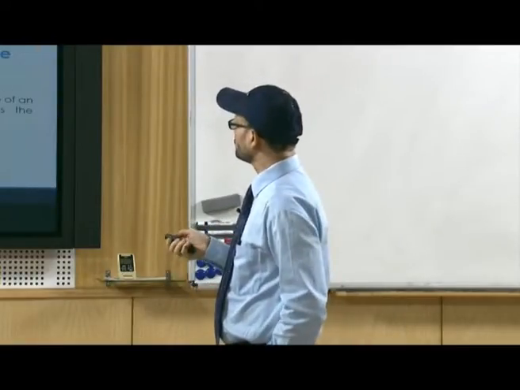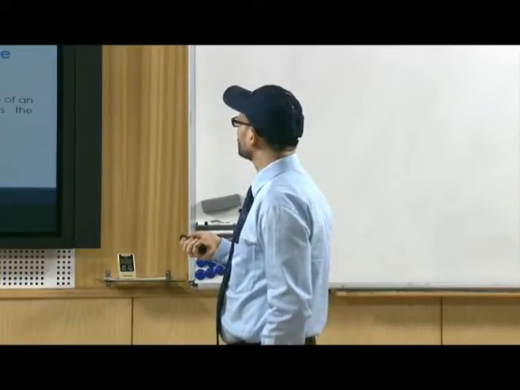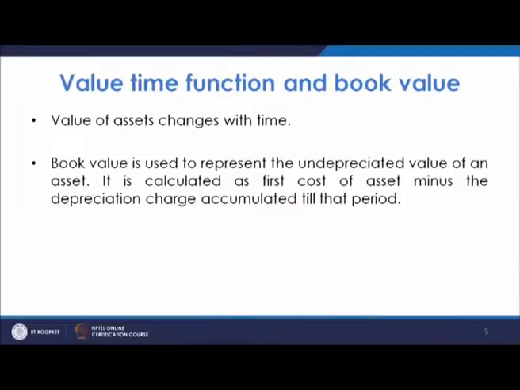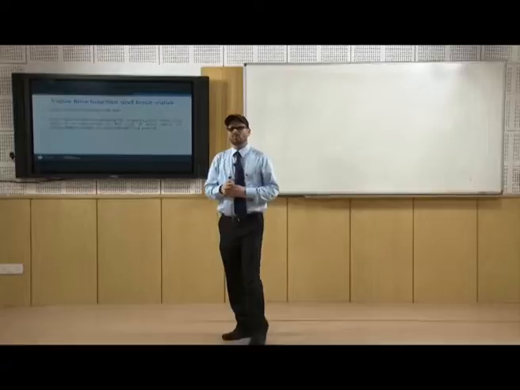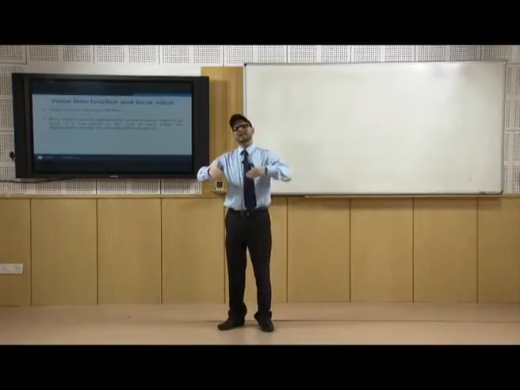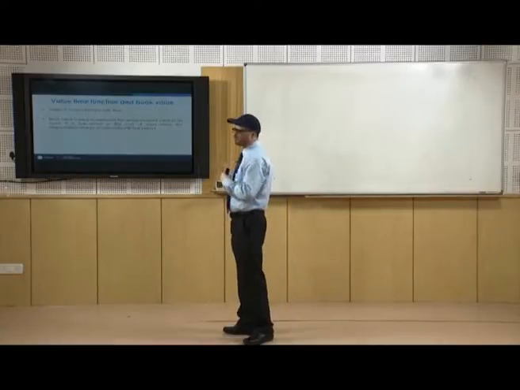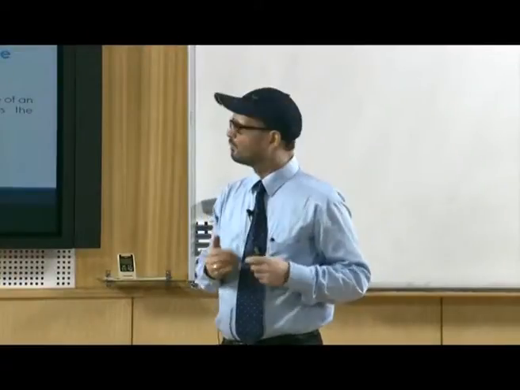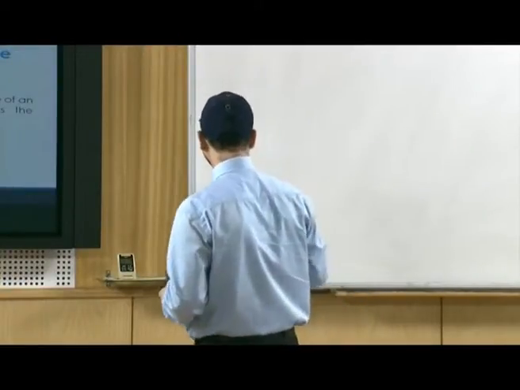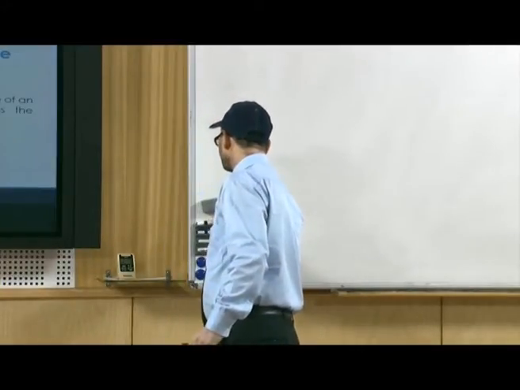It is calculated as the first cost of the asset minus the depreciation charge accumulated till that period. When we do the depreciation analysis, we will most of the time come across this term, book value. Let us see how we calculate the book value.